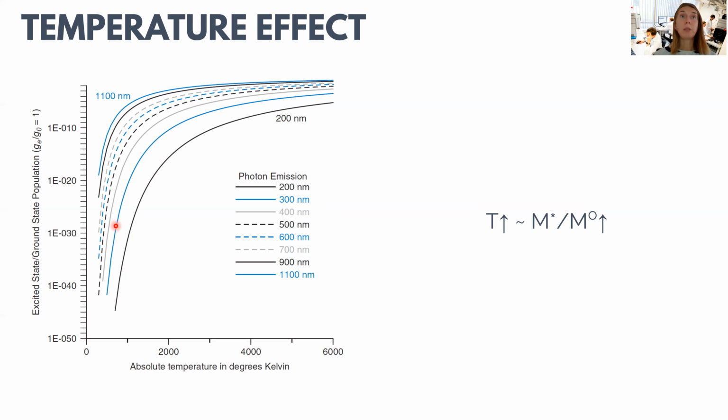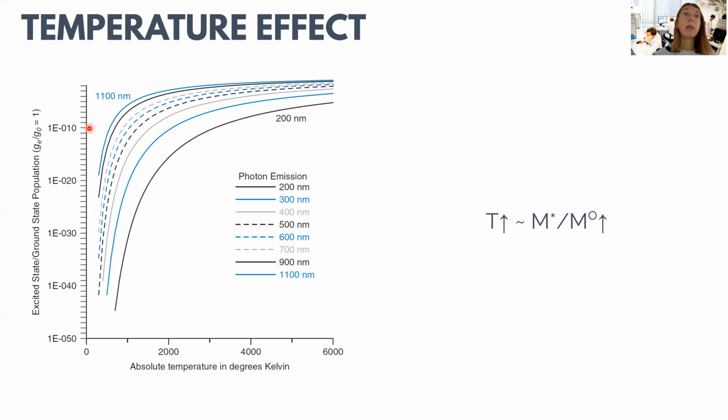So we see that, depending on the energy of the transition, we need to increase the temperature quite a bit to actually have a reasonable amount of excited state present in the flame.